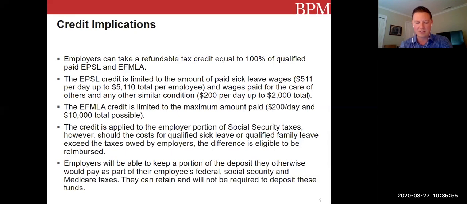We do expect those things to happen. We also expect payroll providers to react and be able to assist with claiming the credits as well. But in the interim, as Jill mentioned, if you can set up those project codes, those would be the most useful.